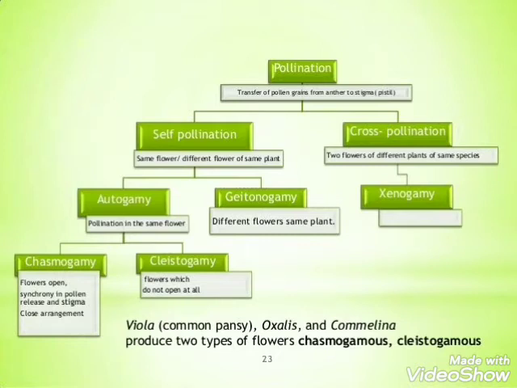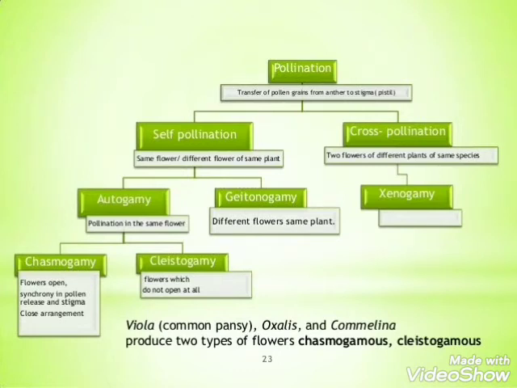Self-pollination is again divided into two types, autogamy and geitonogamy. Autogamy is the transfer of pollen grains from the anther to the stigma of the same flower, for example in pea, rice, wheat, etc. Geitonogamy is the transfer of pollen grains from the anther of one flower to the stigma of another flower of the same plant, like in cucurbits.